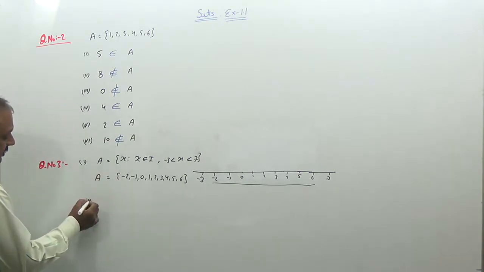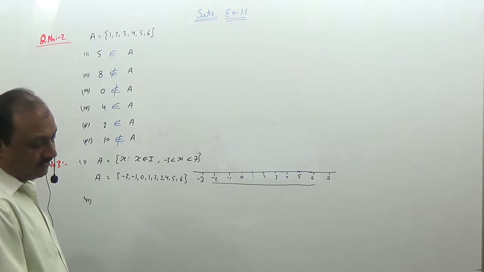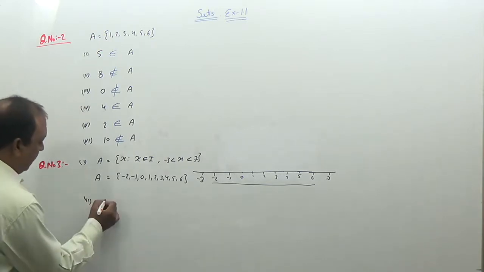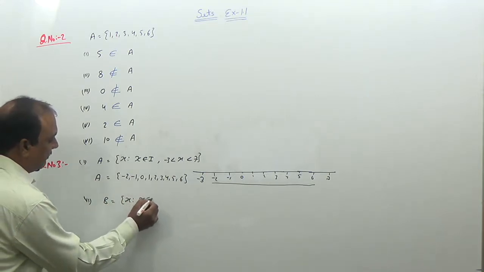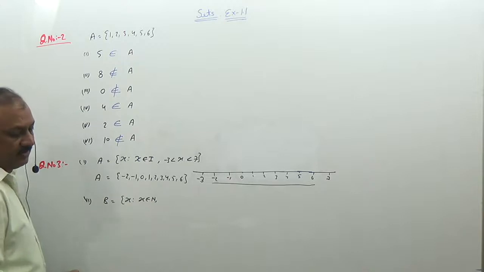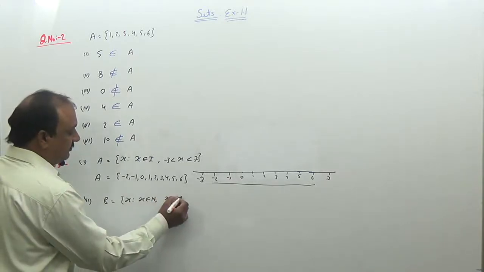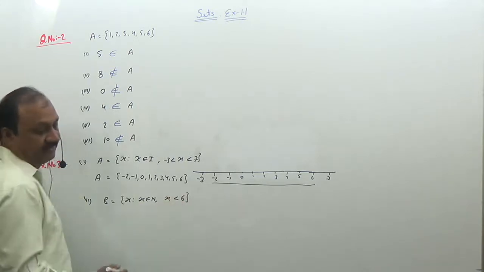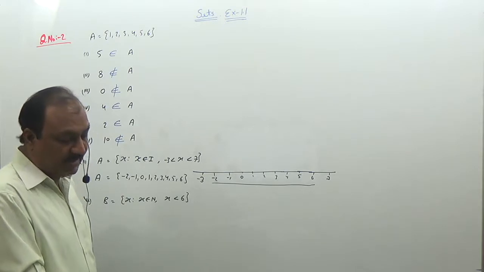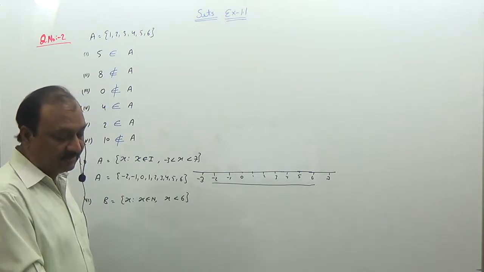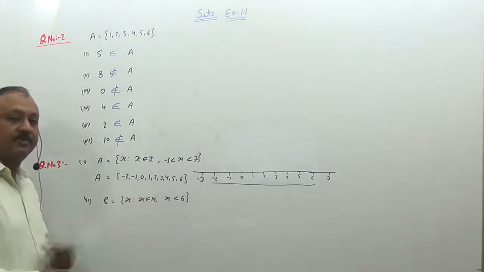Similarly, part second. The question is, B is a set of elements X such that X is a natural number less than 6. So this is a set builder form.